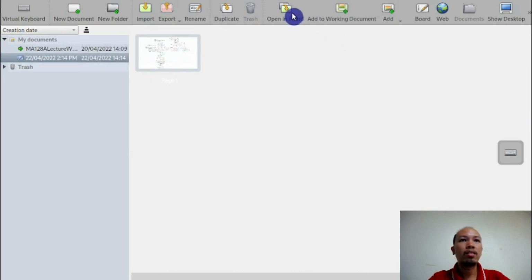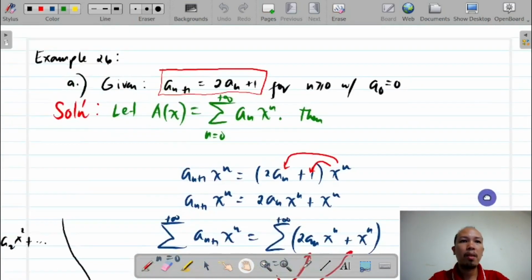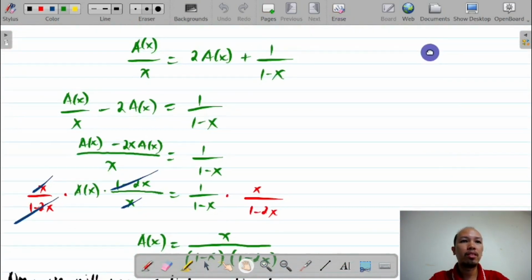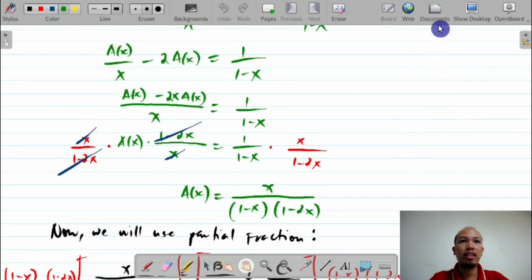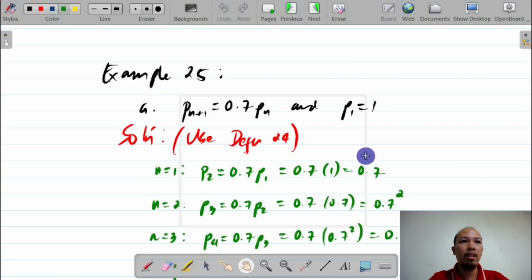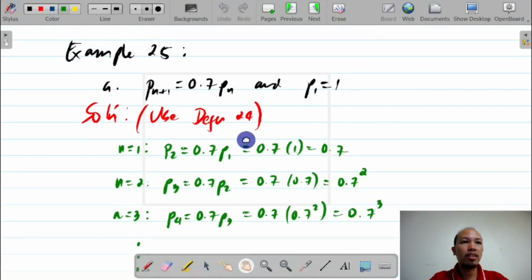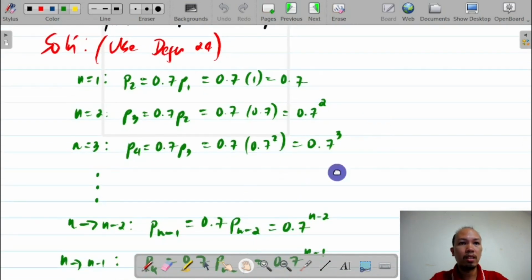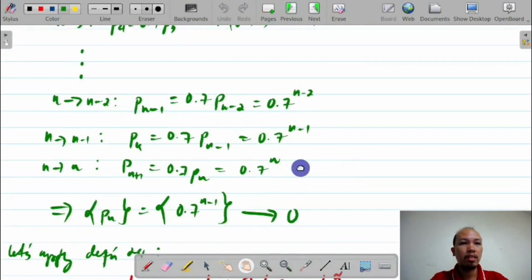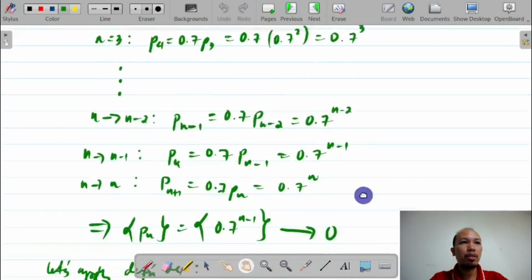Let's look at our example, and honestly, the solution is more beautiful than using the brute force. This one here, I don't know if you remember, using the brute force. So probably you can use generating function to find the closed form, not using this kind of method. But how about for B?